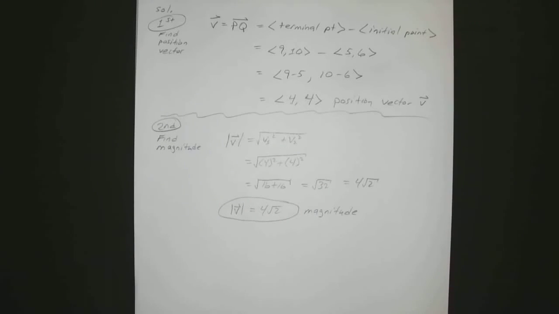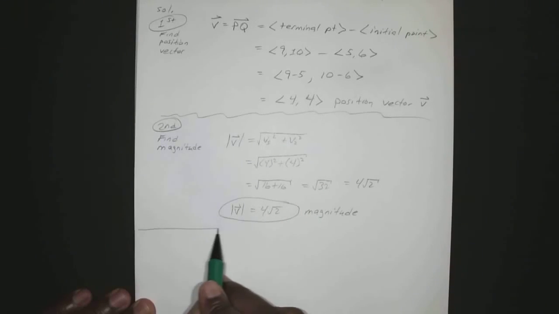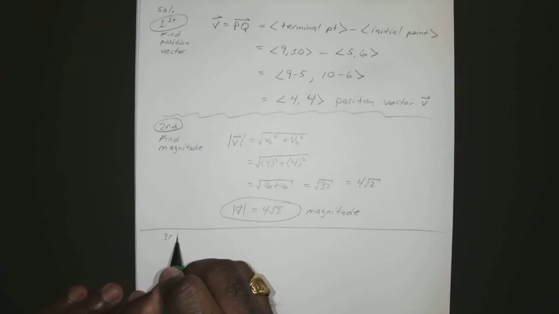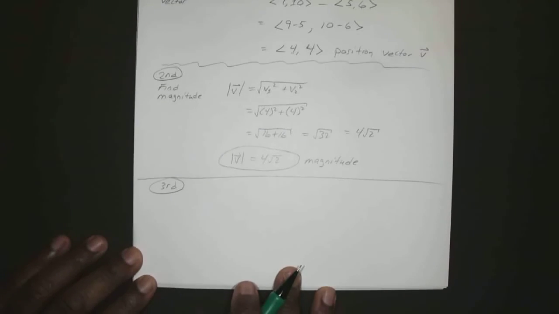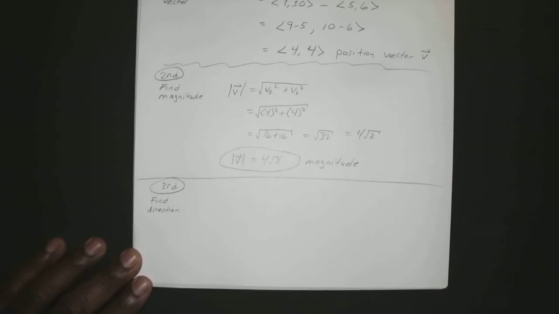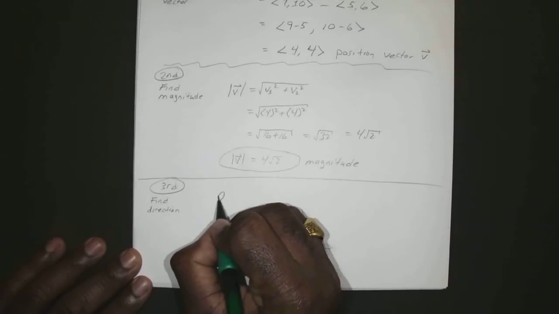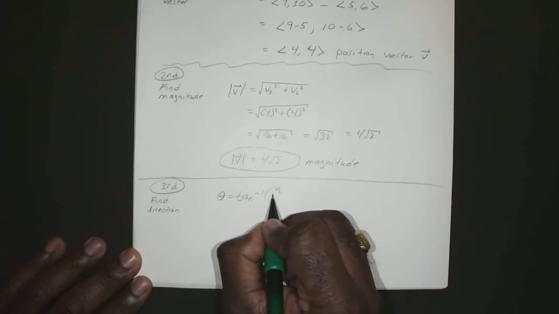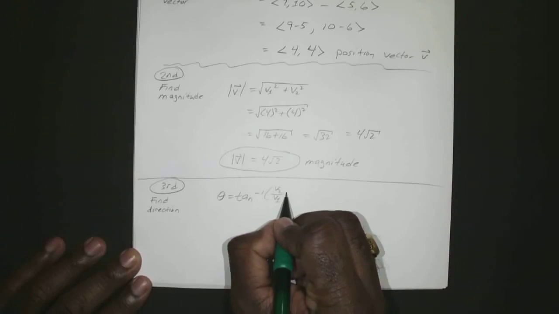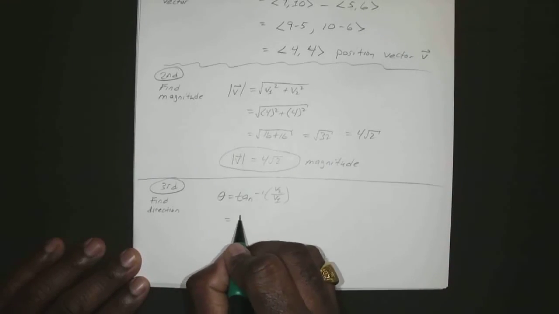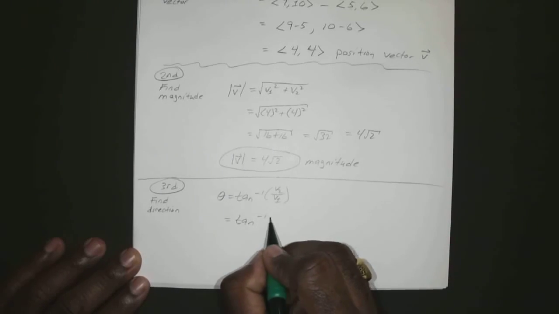Okay, so now we find our direction. Okay, so if we find our direction, we know that our theta is equal to the tangent inverse of our second component divided by our first component. Okay, so that's tangent inverse.